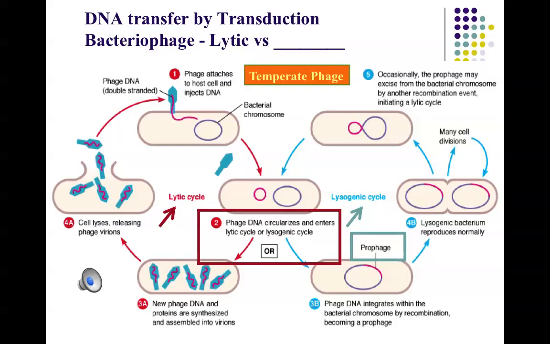We can package bacterial genes and pieces of bacterial chromosomes inside the viral capsid. And lysogeny is one way that bacteria can naturally transfer bacterial DNA with the use of bacterial viruses.